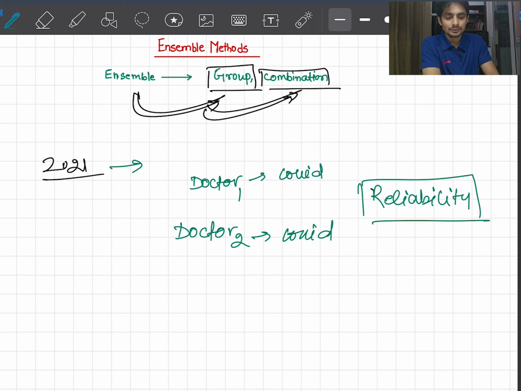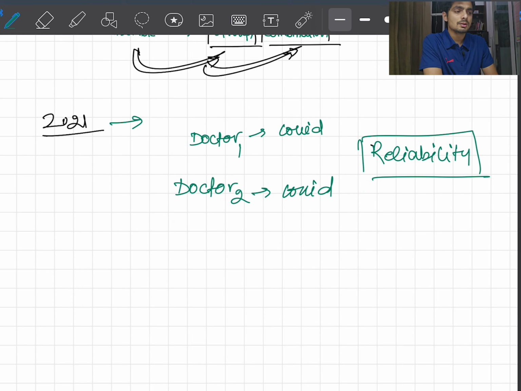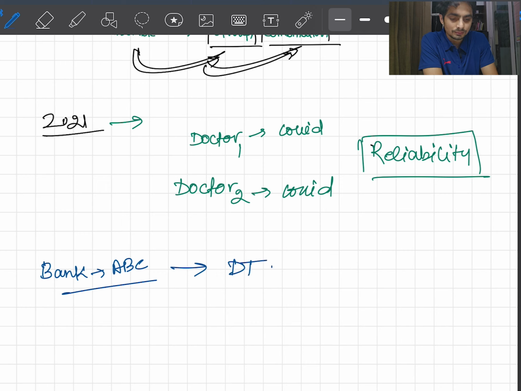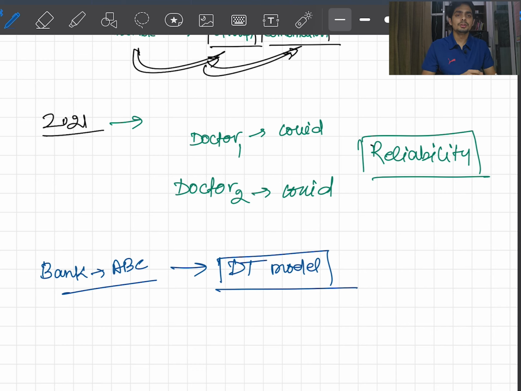To explain this further, let's take one simple example as well. Suppose you go to a bank ABC, and this bank uses a decision tree model. You must be very familiar with the decision tree model.